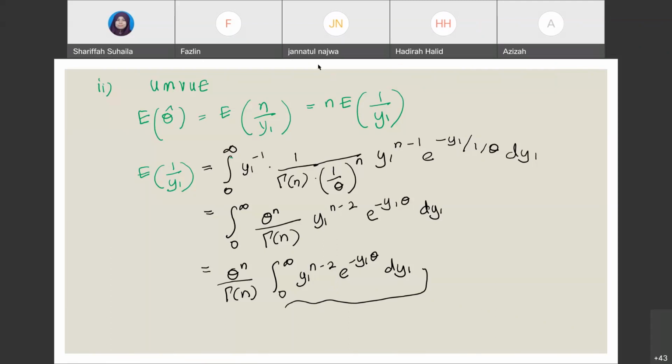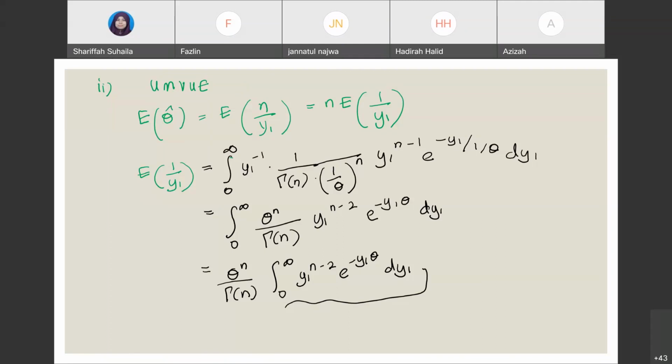We need to simplify this one: theta to the power n, gamma n, and then 0 infinity, y1 n minus 2 exponential negative y1 theta dy1. Kita nak membentukkan supaya kita boleh dapat apa dia punya value untuk expected value.